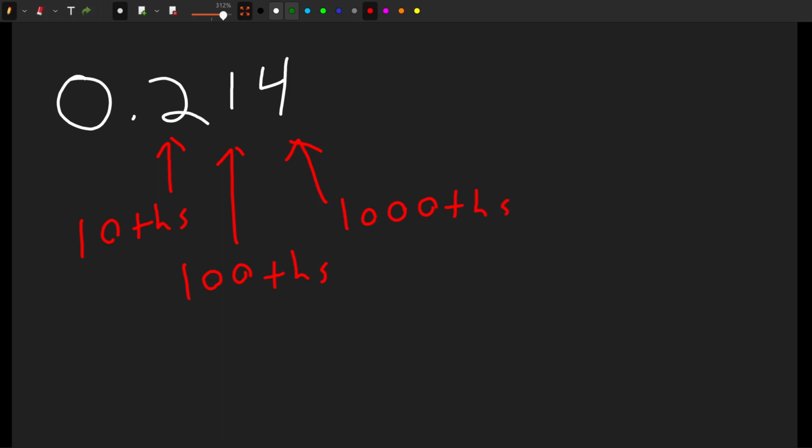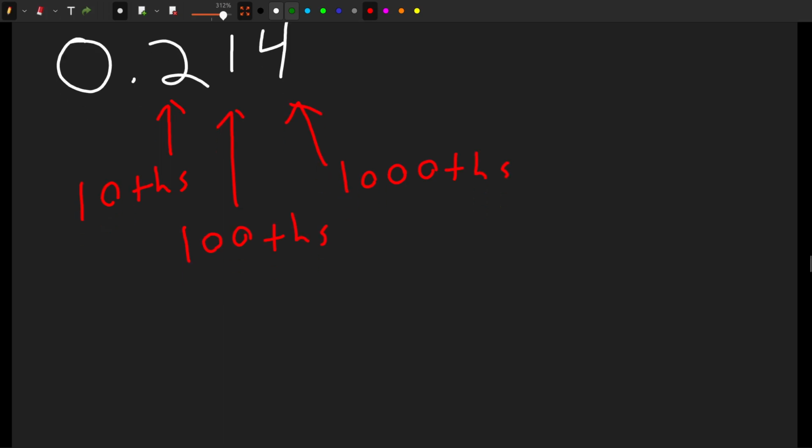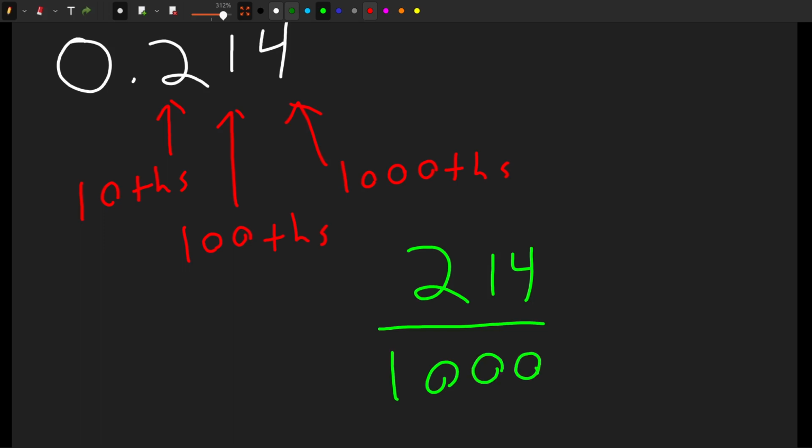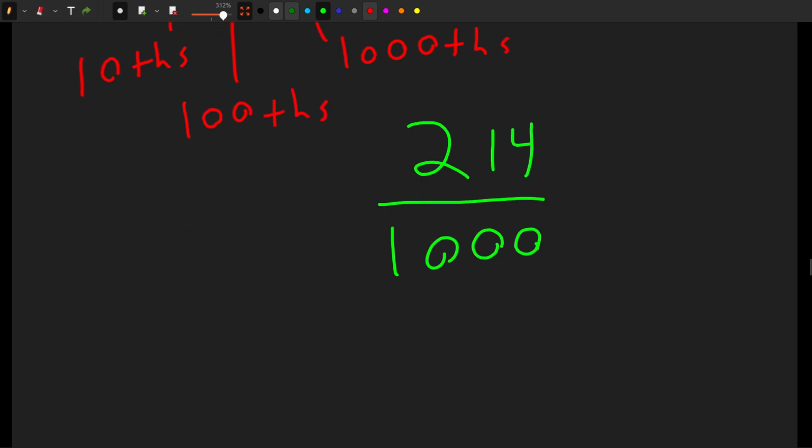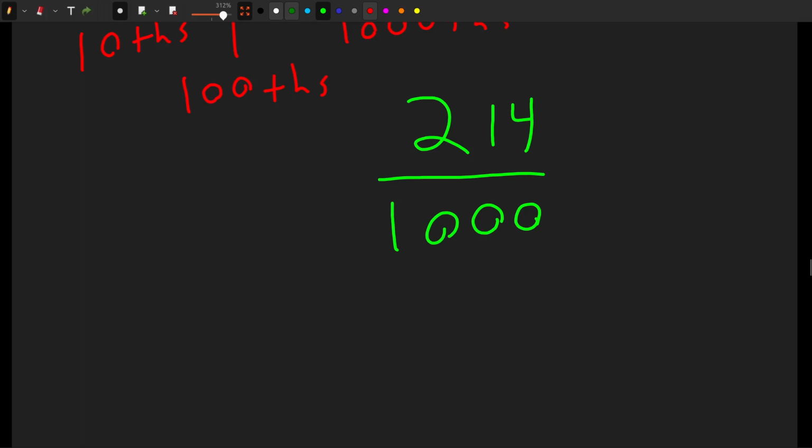And so that means my fraction is going to be 214 divided by 1,000. Now, let's see. I know that 214 is 2 times 107.